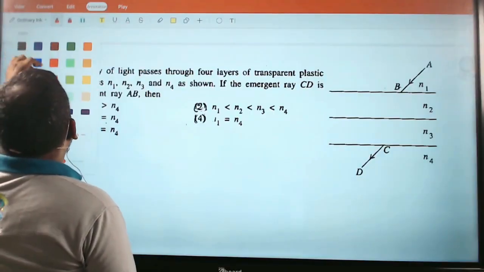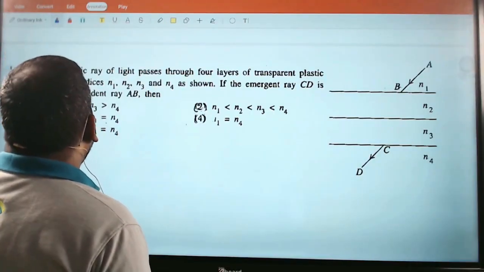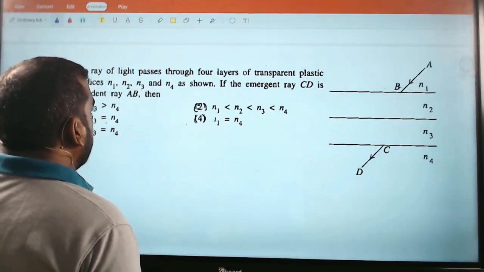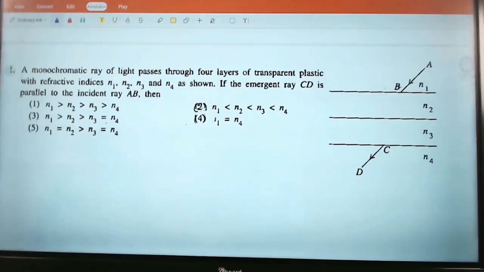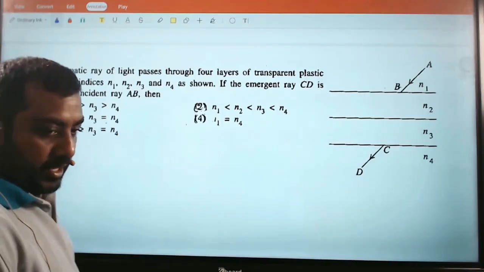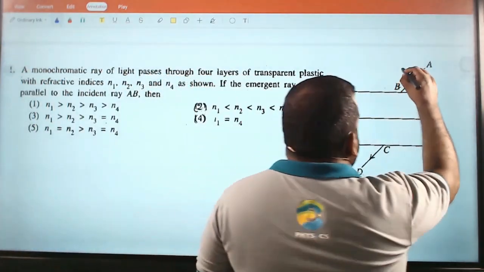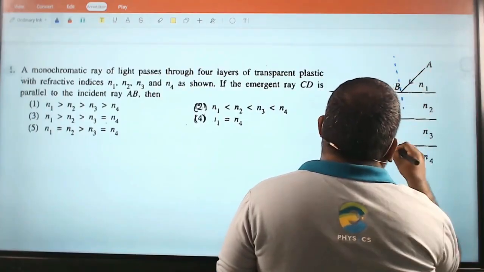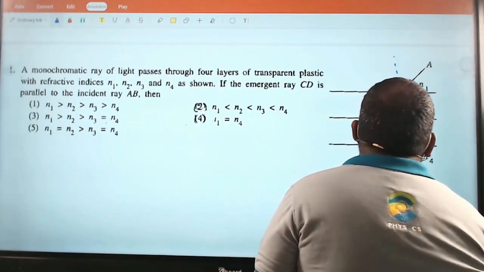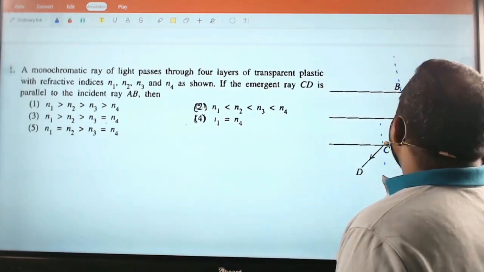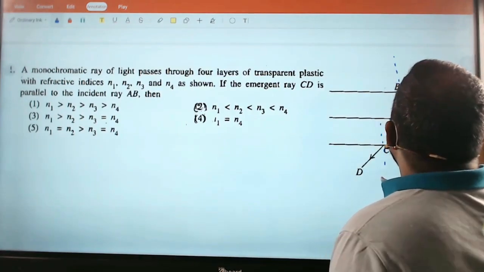Read the question. A monochromatic ray of light passes through four layers of transparent plastic with refractive indices N1, N2, N3, N4. If the emergent ray is parallel to AB, so nothing much to think. The emergent ray is parallel to the incident ray, so the angle made with the normal will be the same. They are parallel.